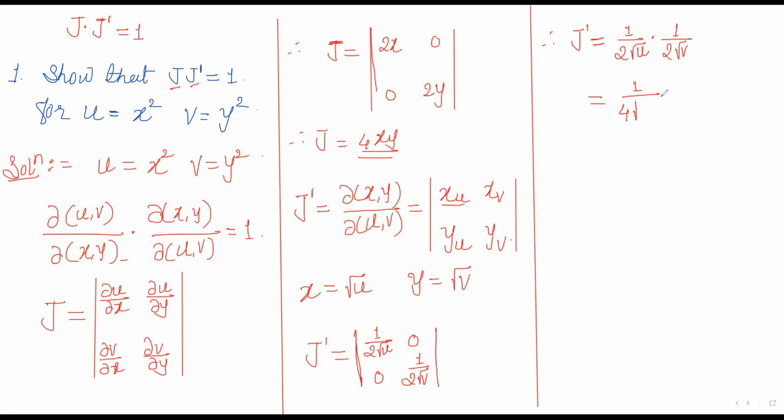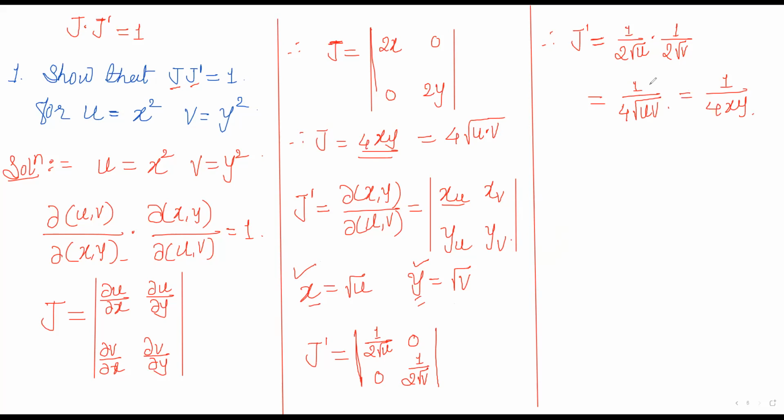1/4 into root uv. Now look at this, 4 into xy. So it can be put as 4 into square root of u into v, isn't it? Or you can put that root u as x, root v as y. You will get the same term. आता या ठिकाणी either here you can write that 1/4xy. तर आपण या ठिकाणी फाइंड आउट केलेला आहे, x ची व्हॅल्यू फाइंड आउट केली आणि y ची सुद्धा व्हॅल्यू फाइंड आउट केलेली आहे.